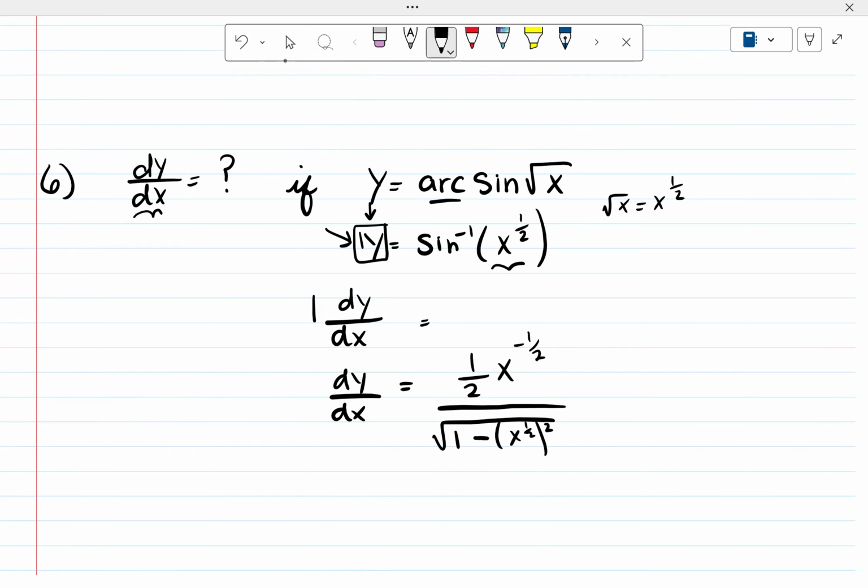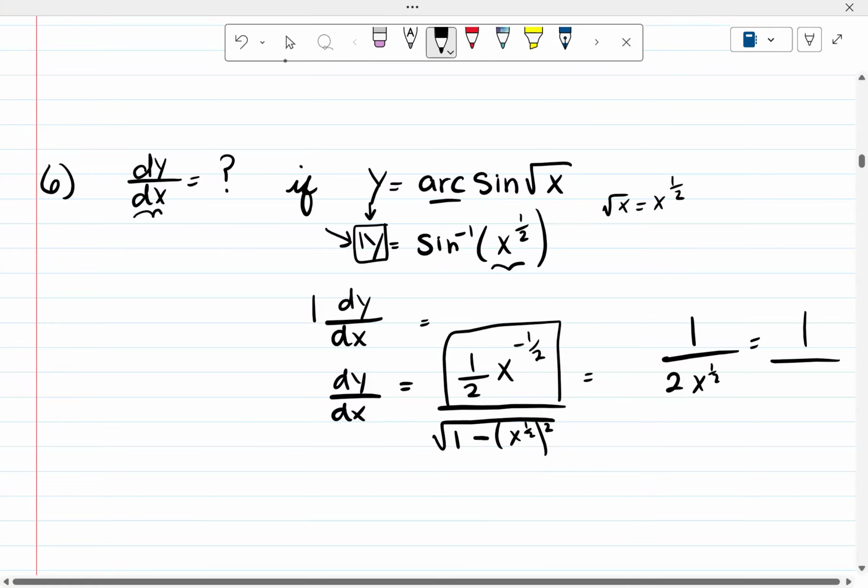And let's clean this up. Over here, this is your numerator. What's x to the negative 1/2? That is the same thing as 1 over x to the 1/2, and 1/2 times that is 1 over 2 x to the 1/2, which is the same thing as the square root of x.